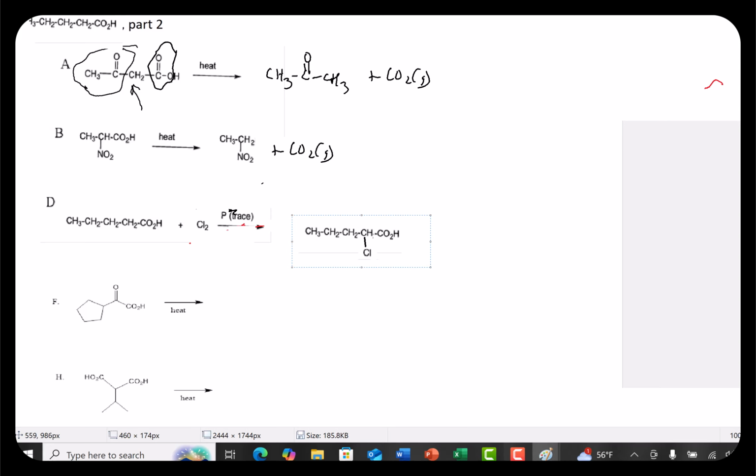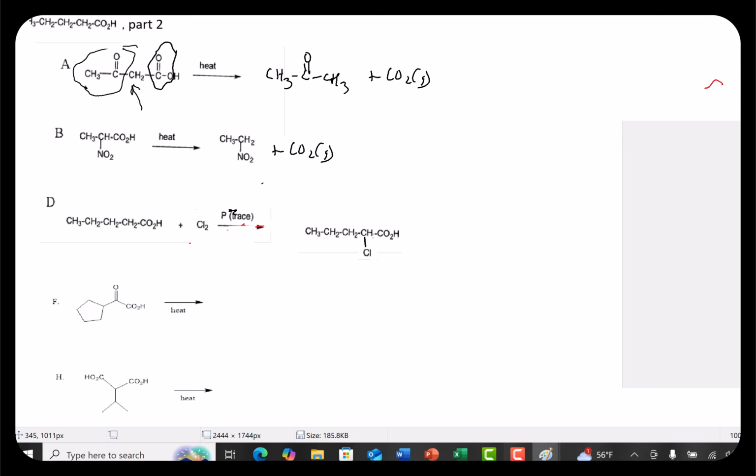Okay, now let's look at F. Well, carboxylic acid by itself, heat, looks like potentially a thermal decarboxylation. But be careful now. It has to have one of the amigo groups attached to the alpha carbon. Short of that, it won't thermally decarboxylate. This one's a little tricky, just in my experience of giving this question to students. Many trip up on it. Let's take a look. There's the carboxyl group.